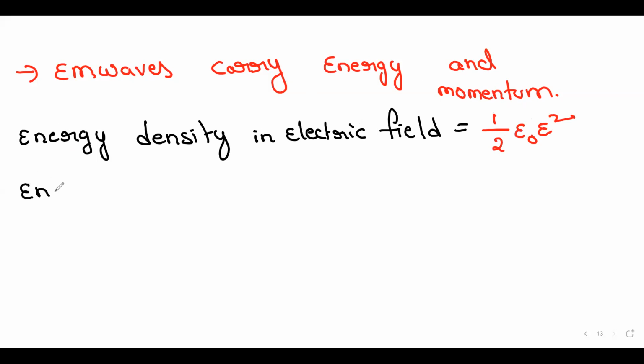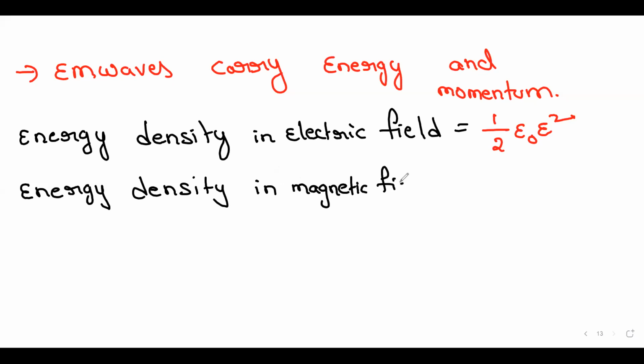Energy density in a magnetic field is given by B square by 2 mu naught.